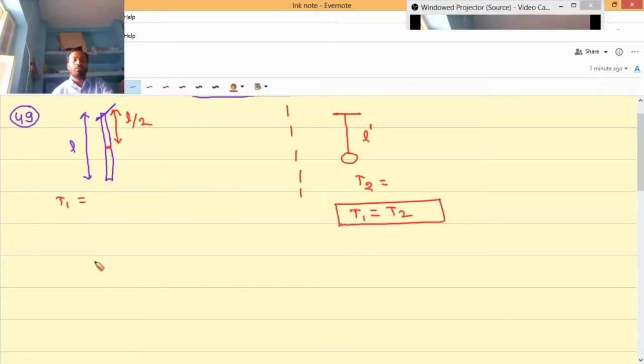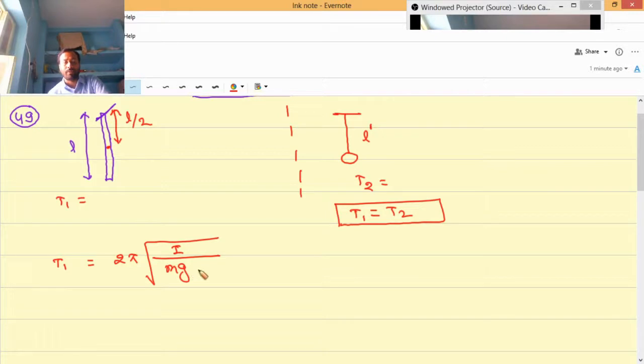Now let us evaluate the value of the time period T1. That will be 2 pi under root I by mg times the distance between the center and the point of suspension. It will be L by 2, so we can write it like 2I by mgL.